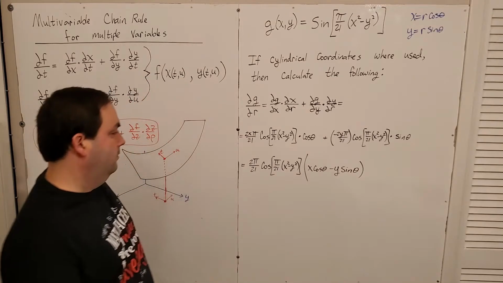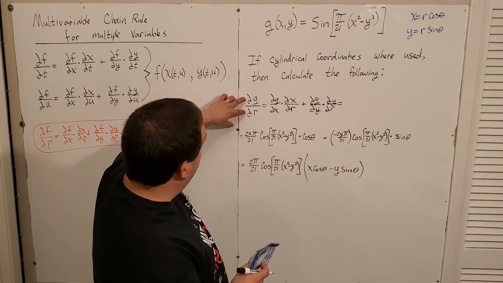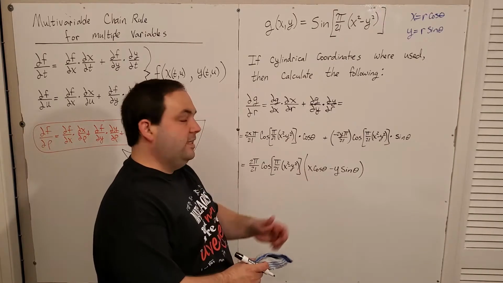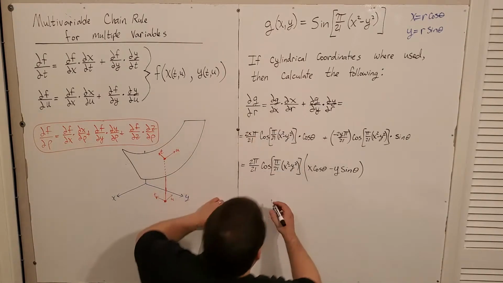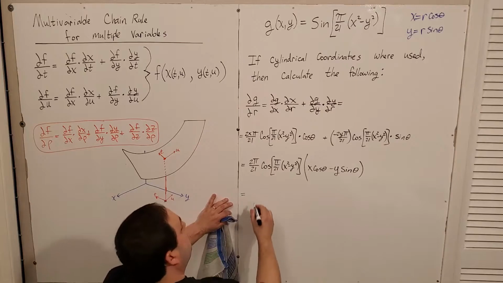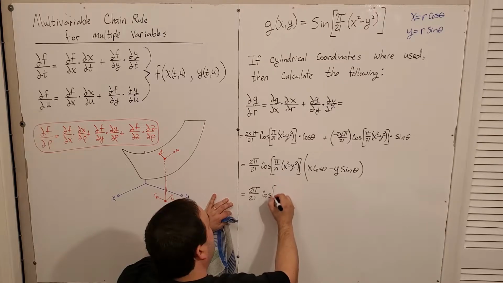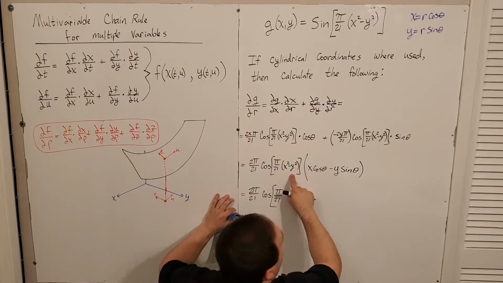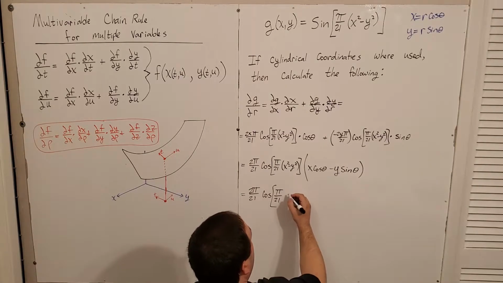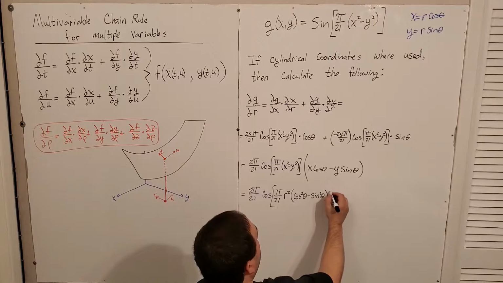And of course if you're doing the partial of g with respect to r, everything needs to eventually be put into r and theta form. So the cosine part, pi over 21 x squared minus y squared, is going to be r squared times cosine squared minus sine squared.